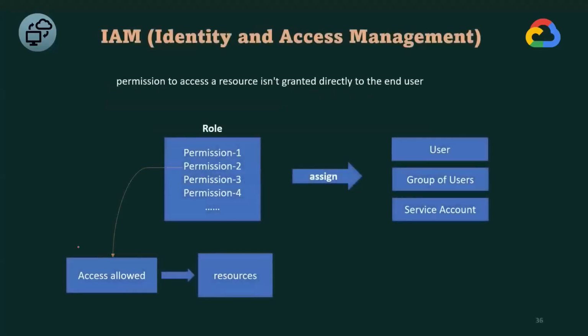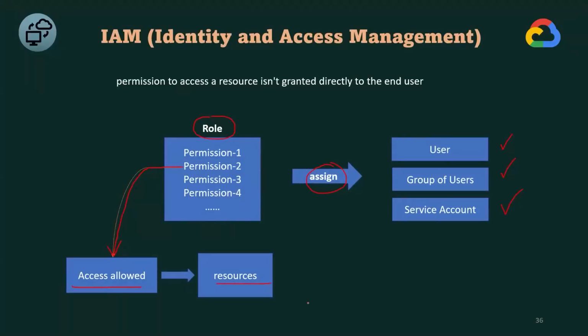In simple terminology, you can look at it here. You want to assign a role to a user, a group of users, or a service account. A role is a set of permissions. A permission is nothing but access allowed on a particular resource.